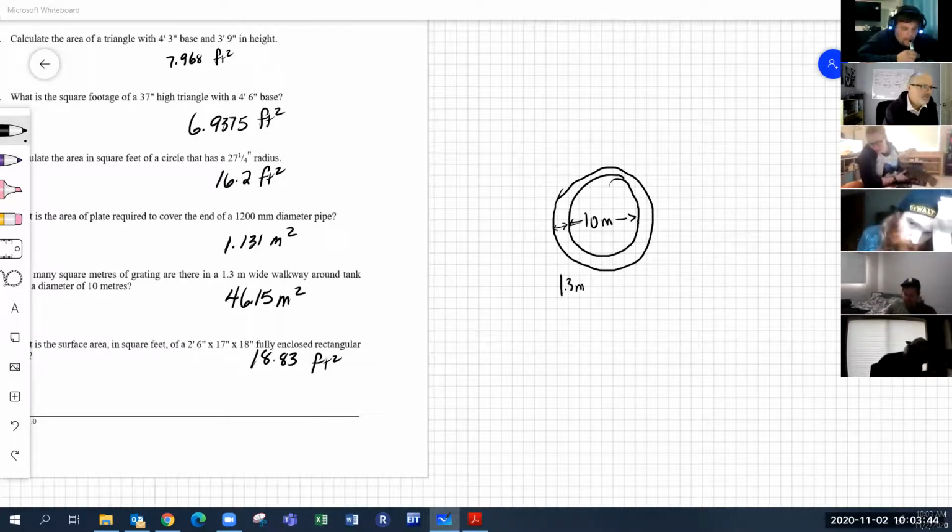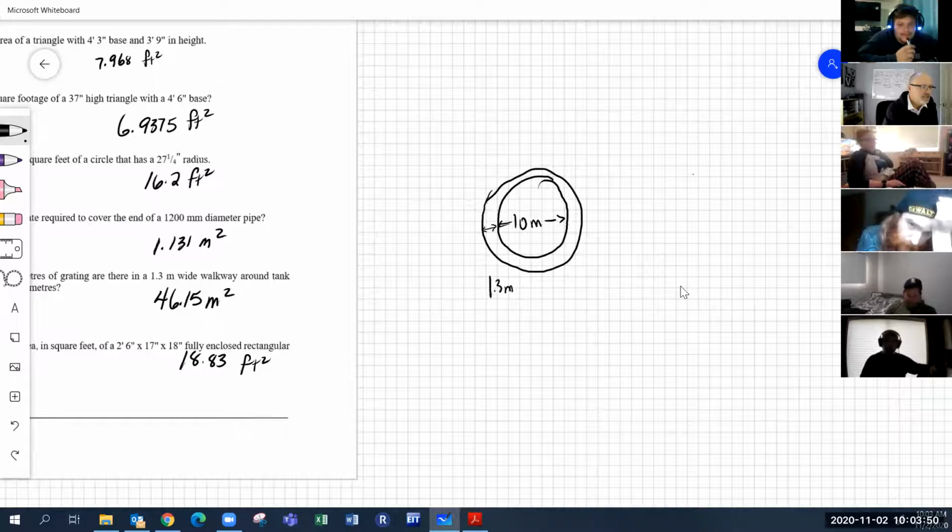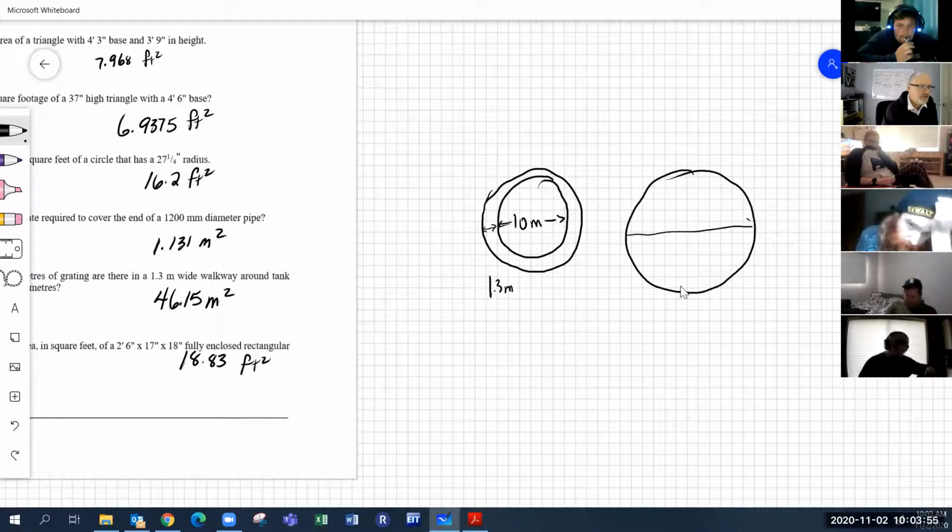What I have to do now is make this one complete circle. So this actually ends up being a complete circle with a diameter of, if this is 1.3 here, and this is 1.3 here, 12.6 meters.